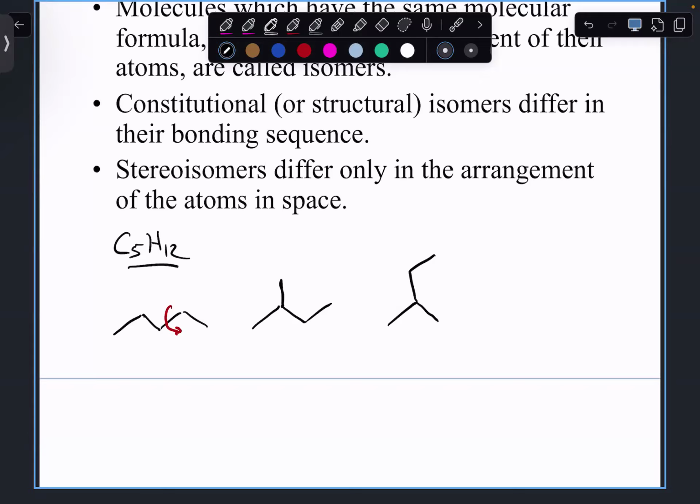What's my third option here? That's going to actually give me a different compound. Anybody see? Yeah, kind of like an X. So I'm just going to take that second one and make it even more highly branched. So maybe instead of a 4 carbon chain, make it a 3 carbon chain with 2 branches.